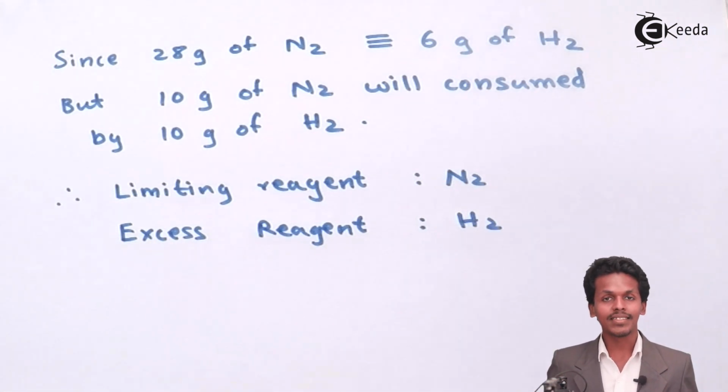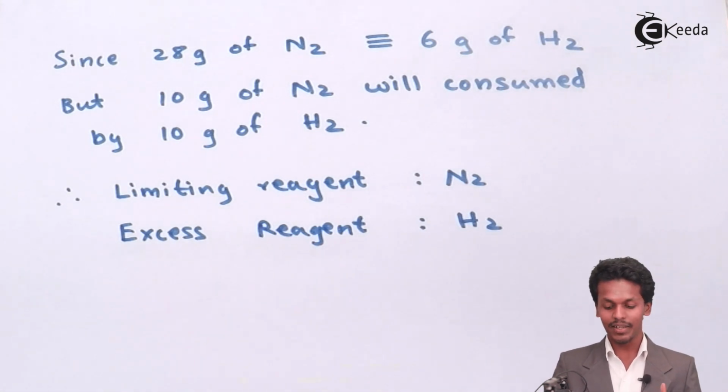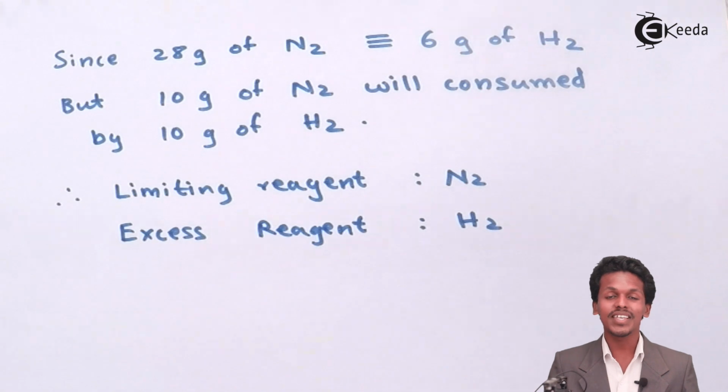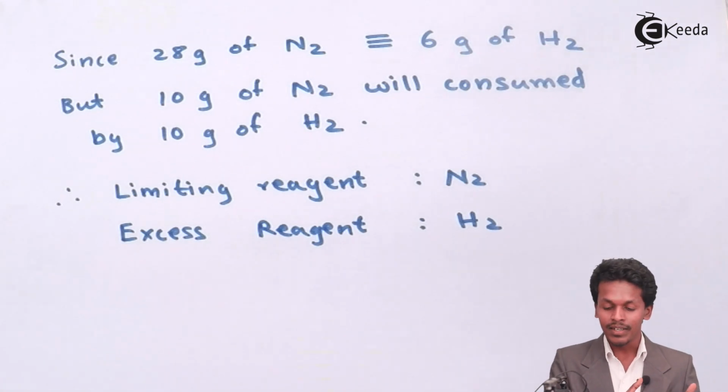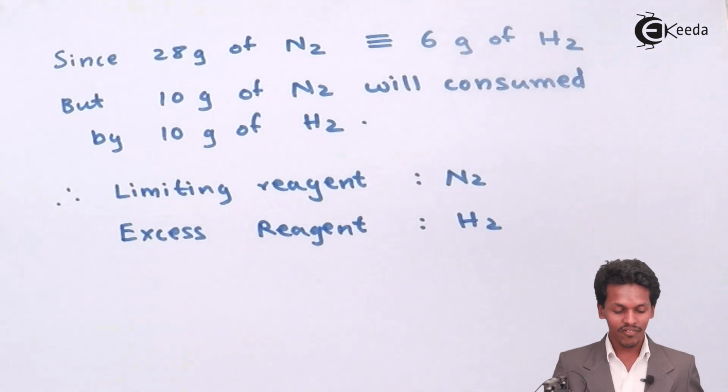But we have to analyze how much, because if 10 gram of nitrogen is being provided to us and 10 gram of hydrogen is also being provided to us, among that 10 gram of hydrogen, how much is being reacted with the nitrogen? That is the thing that we have to analyze, because in the question they have said to mention the limiting and excess reagent.